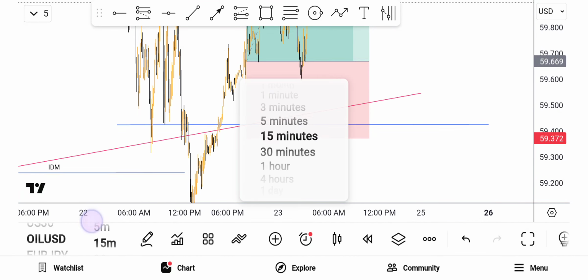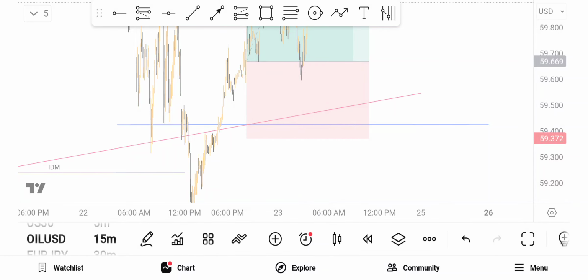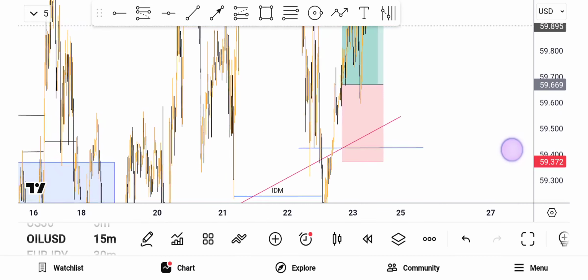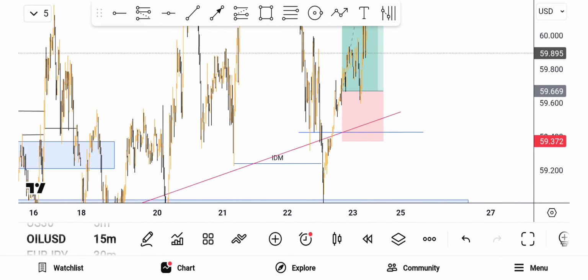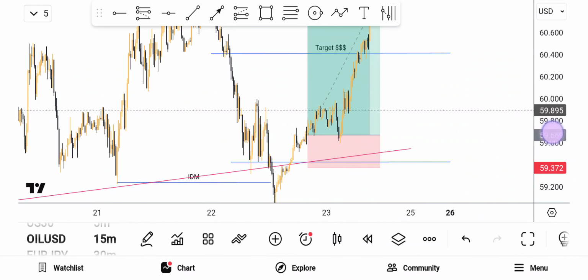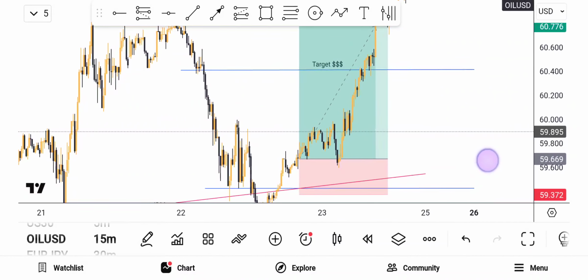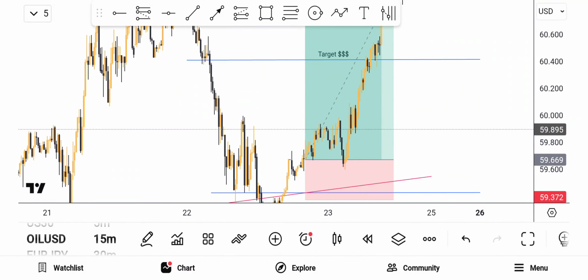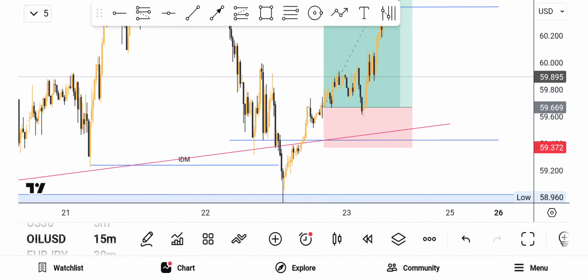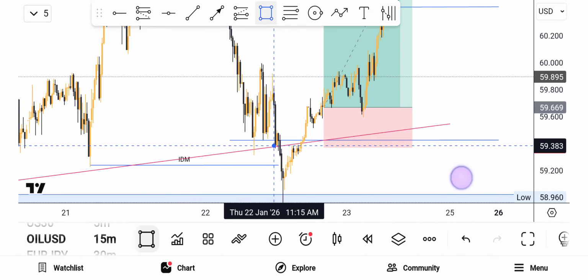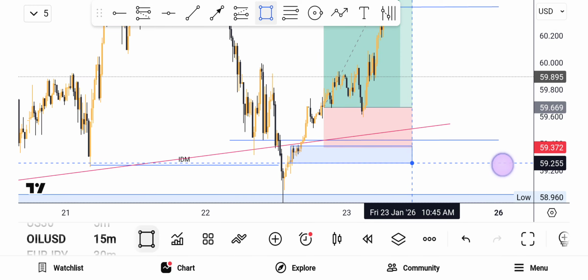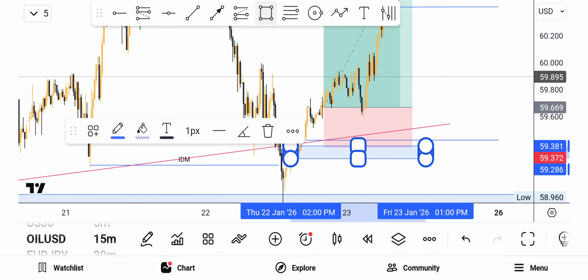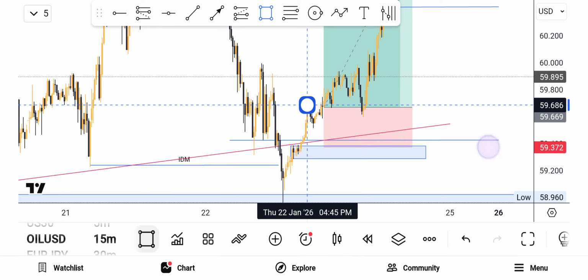To be honest, this entry was a bit, let me use the word, advanced, because I understand structure very well. I didn't want to miss out on this trade, because there was nothing to bring price back apart from this zone, this zone, and this zone.